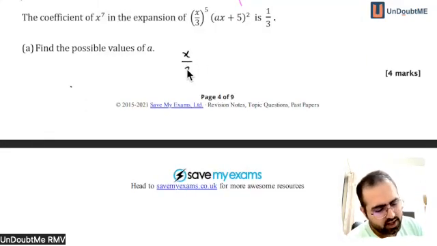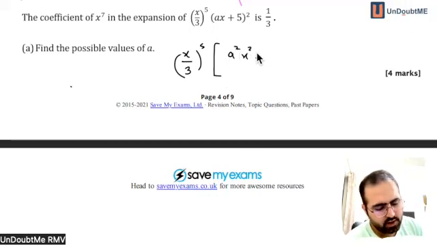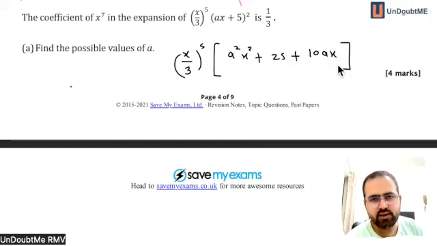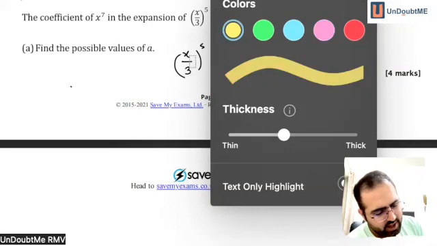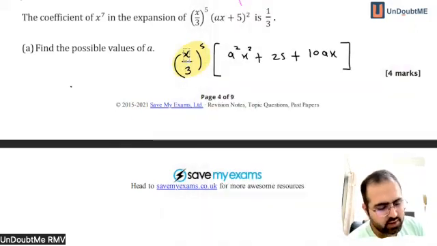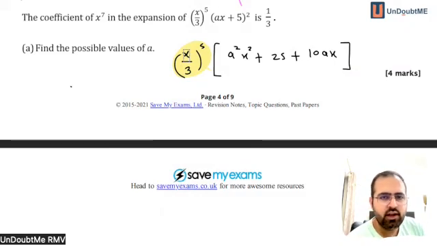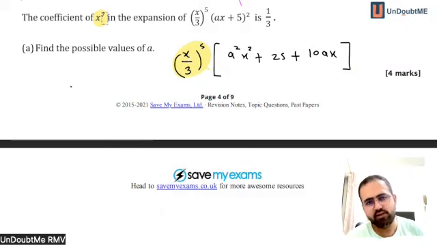So (x by 3) to the power 5 untouched for now. We will expand this. It will be a square x square plus 25 plus 10ax. I'm using a square plus b square plus 2ab. You can see yourself that when this (x by 3) to the power 5 is multiplied with each and every term, you will be getting x to the power 7 only once.